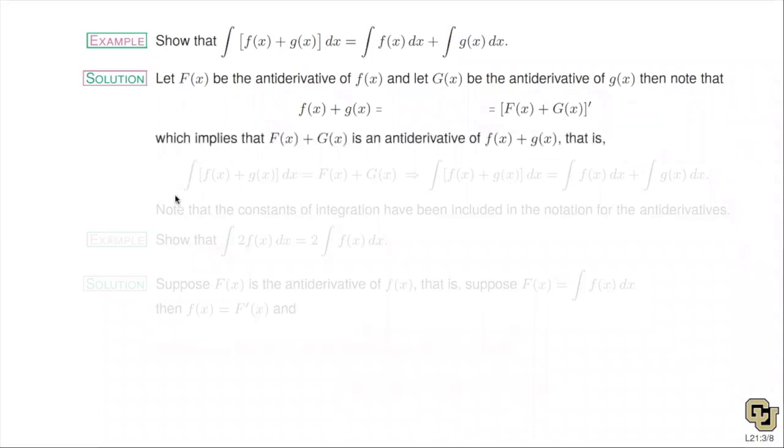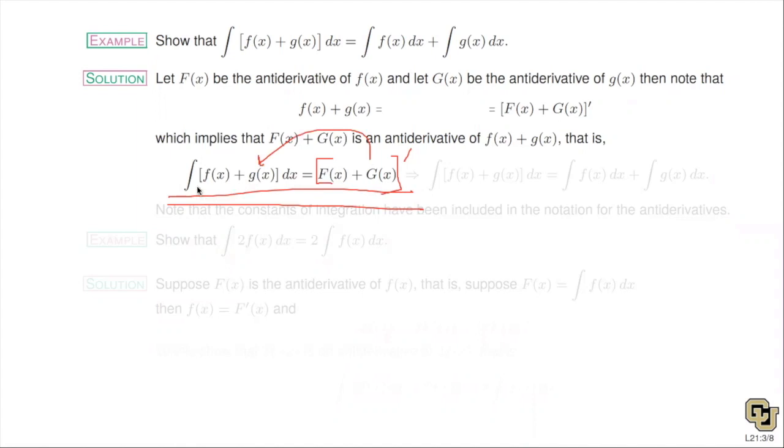Another way to write that is with this notation. Remember, we can only write this if the derivative of the right-hand side equals the thing we're trying to find the antiderivative of. And this equation proves exactly that.